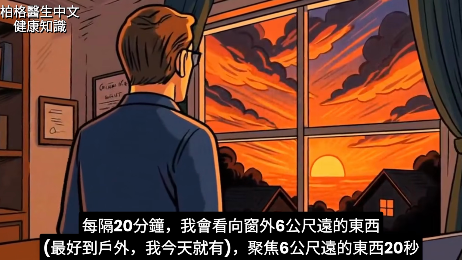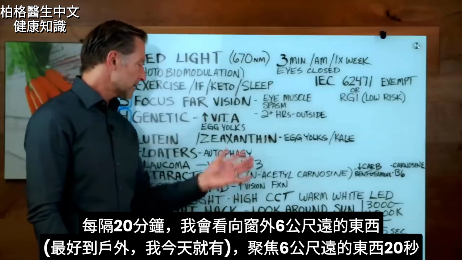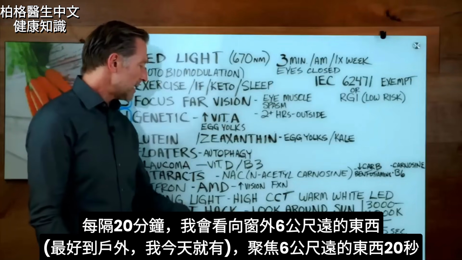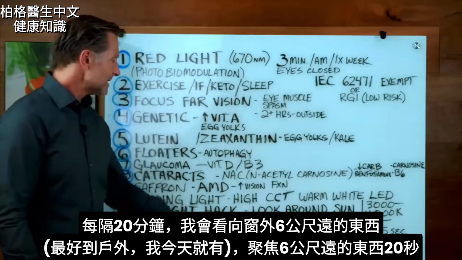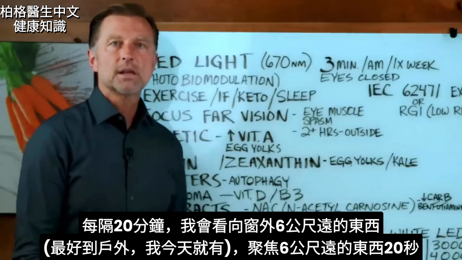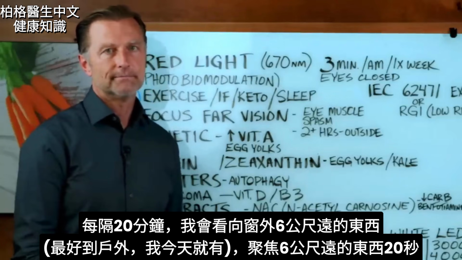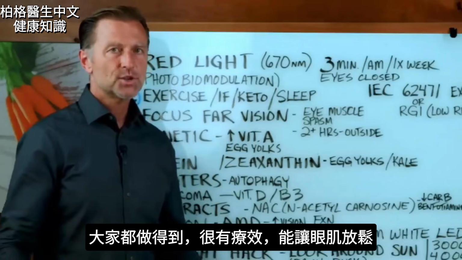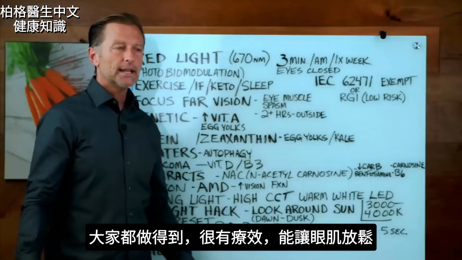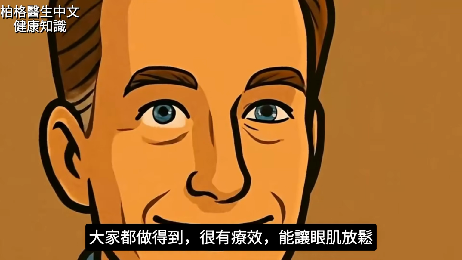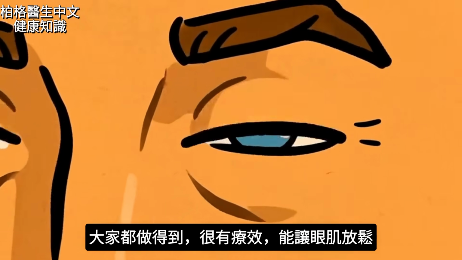Ideally, it'd be good to go outside. And I have taken breaks today and went outside. And what you do for 20 seconds, you focus on something 20 feet away. Anyone can do that. It's super therapeutic. And it kind of reverses that accommodation cramp that you have in your eye.